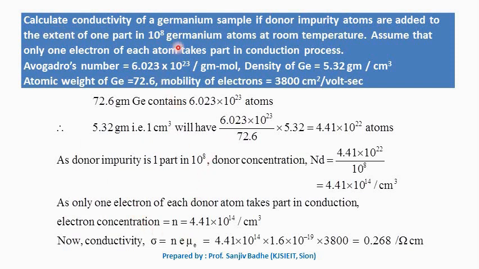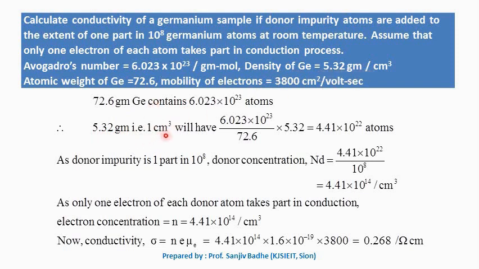Now for calculating the number of germanium atoms per unit volume, we will use this information. Atomic weight of germanium is 72.6. That means 72.6 grams of germanium contains 6.023 into 10 raised to 23 number of atoms. So the number of atoms in 1 centimeter cube will be equal to the number of atoms in 5.32 grams, because density of germanium is 5.32 grams per centimeter cube.